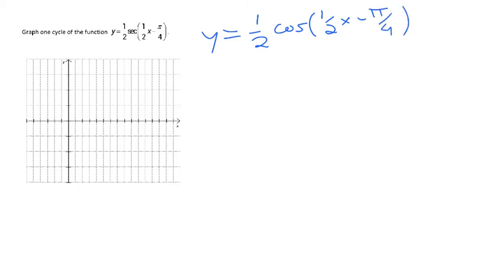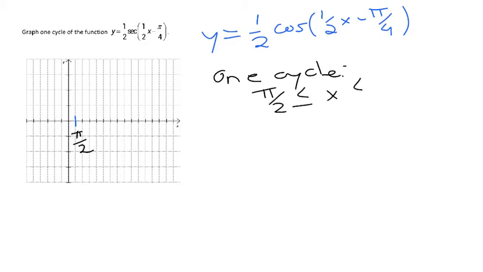And I'm realizing now I probably should have done this beforehand, but I'm going to go ahead and graph that cosine function again. So we found out that the one cycle of the graph, we solved the inequality, and we figured out that the one cycle in this graph is going to occur as x ranges from pi over 2 to 9 pi over 2.